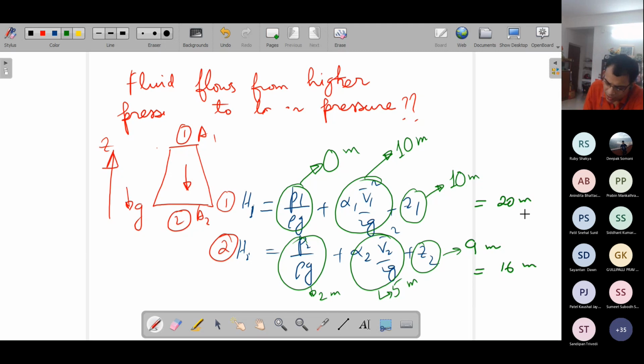So now what is this P1 star head? That is 10 plus 0, that is 10 meter. And what is this P2 star head? This is 9 plus 2, this is 11 meter.